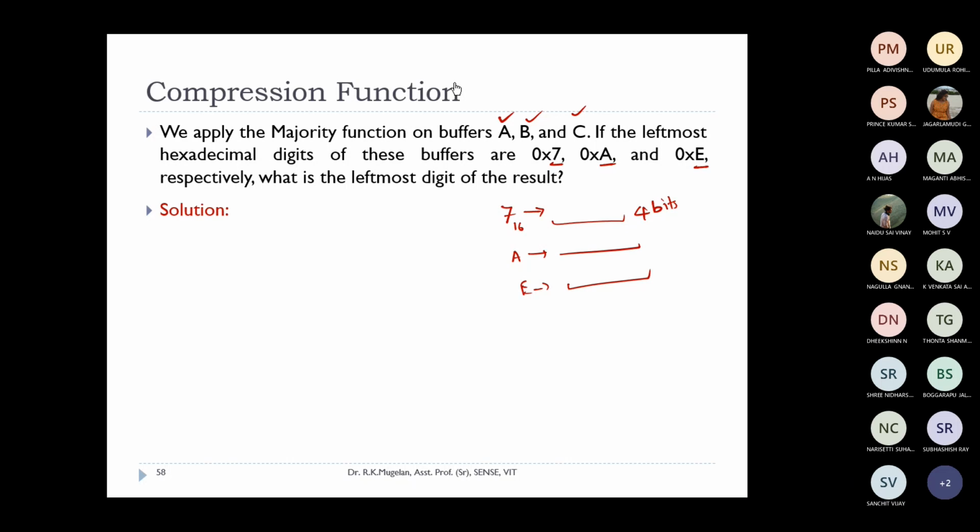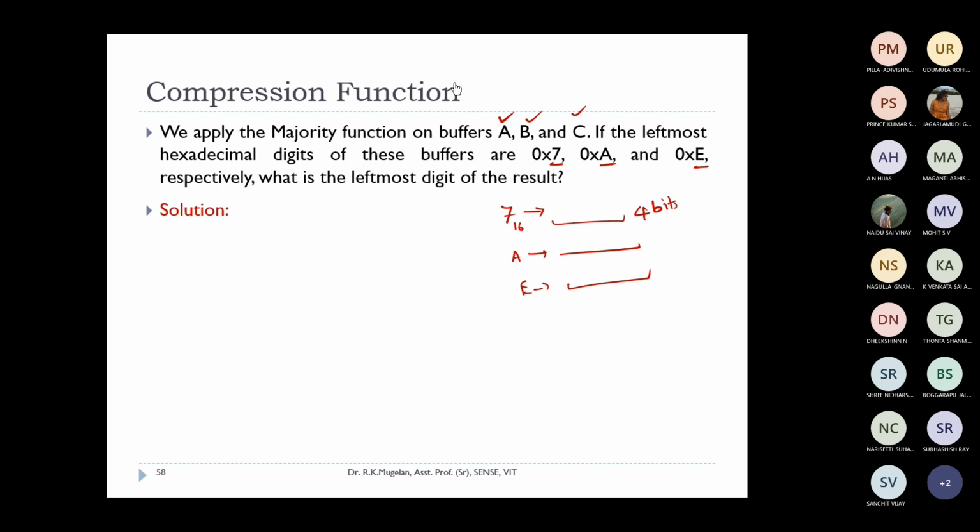Only Kashish and myself are learning cryptography, it seems.